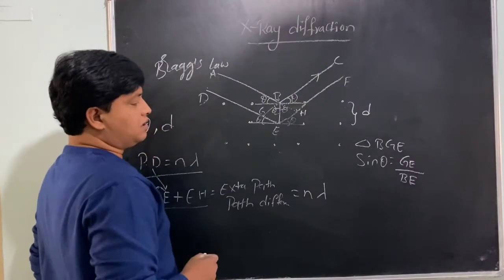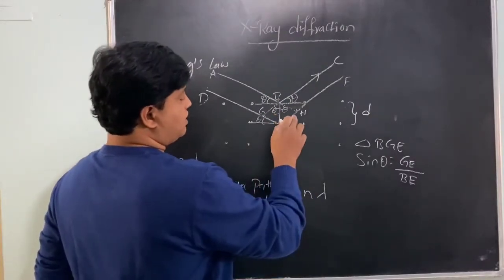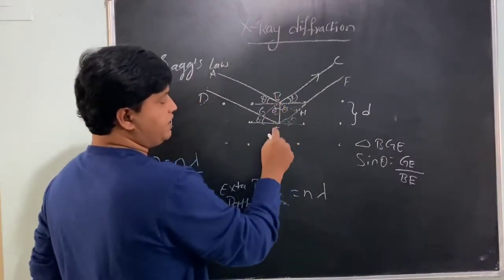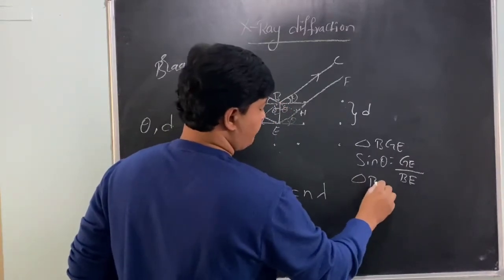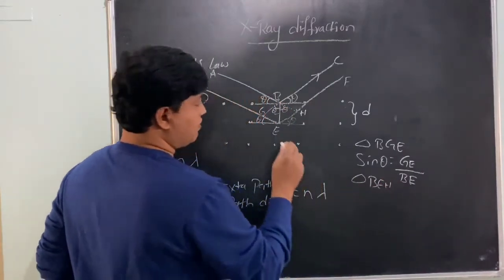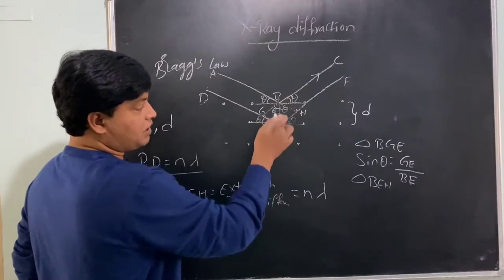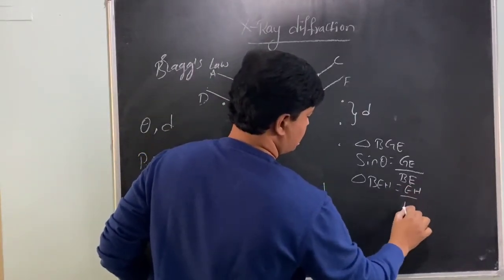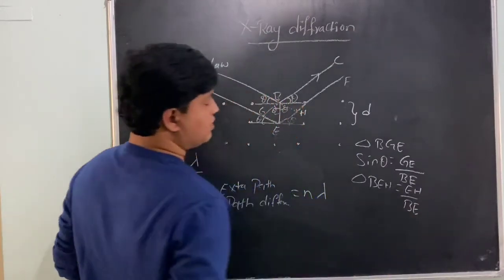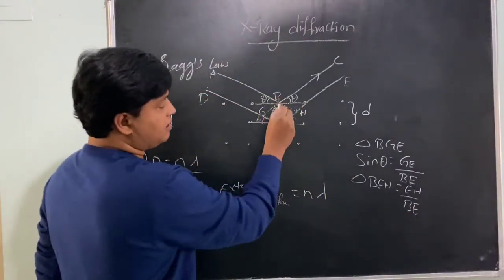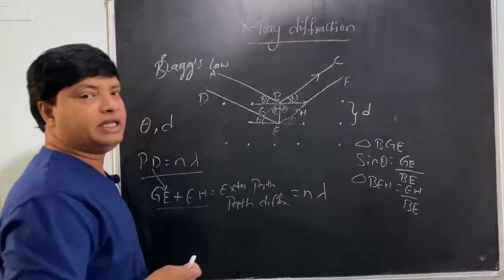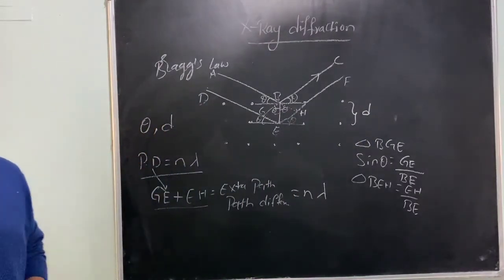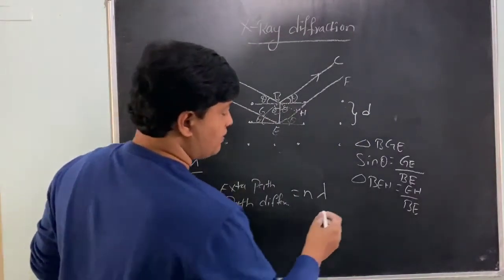Next, take another triangle here, BEH. In triangle BEH, the opposite side is EH and the hypotenuse is BE. What is BE? BE is your d, the interplanar distance.